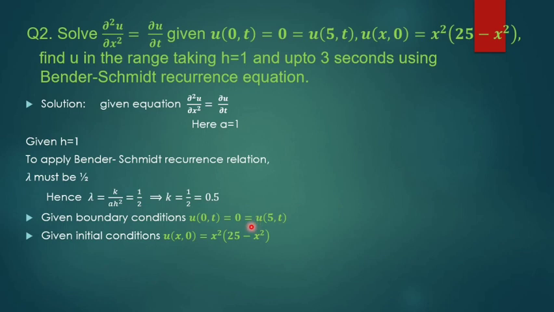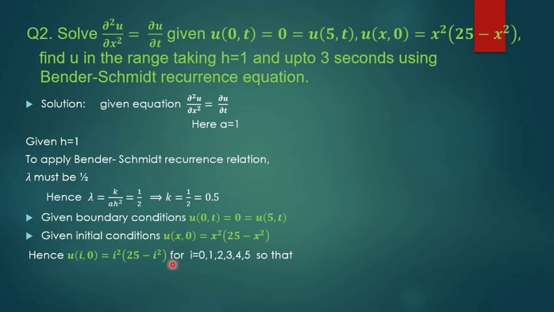So the boundary conditions are noted here. As in the previous sum, the term x should be replaced in terms of i. Here the h value is equal to 1, so x is equal to ih. So simply you replace x by i.